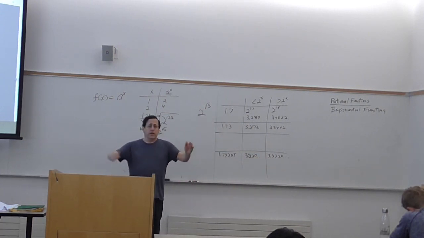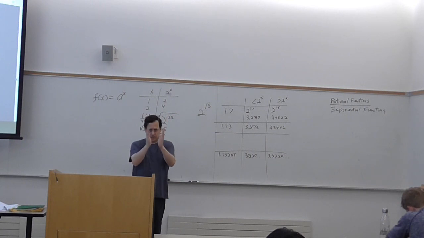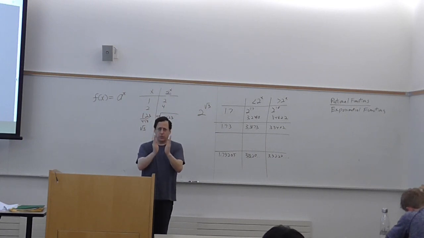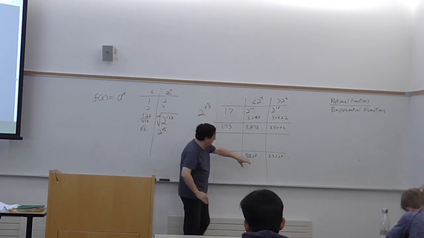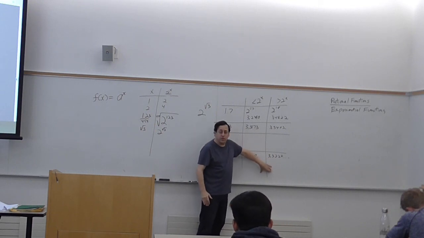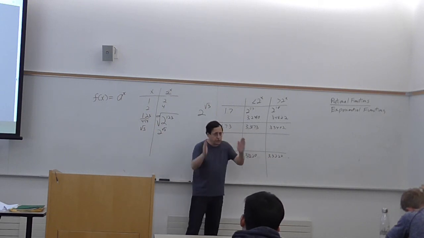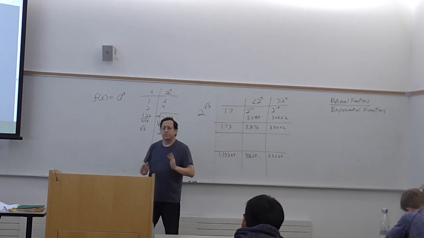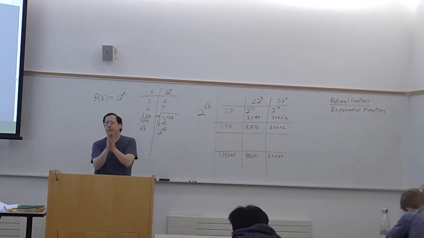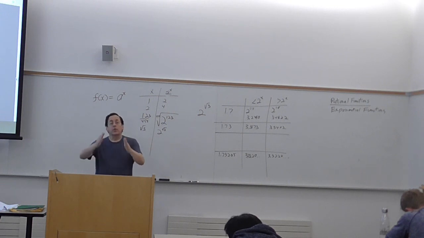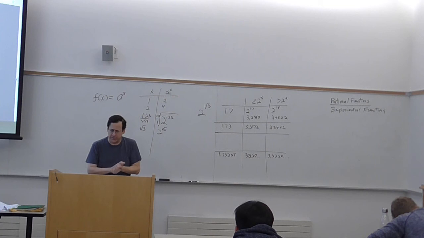So what I'm doing is I'm kind of squeezing the value of 2 to the square root of 3 between two numbers. The more accurate I get, the closer and closer they get together. So eventually, when we go to infinity, we reach a limit. Now, we're not really going to talk about limits that much in this class.